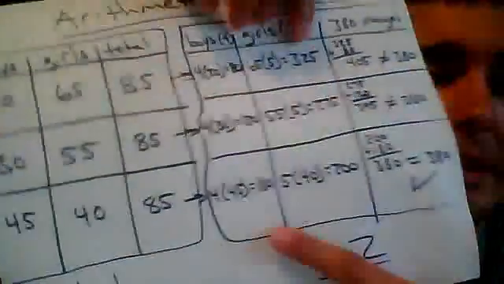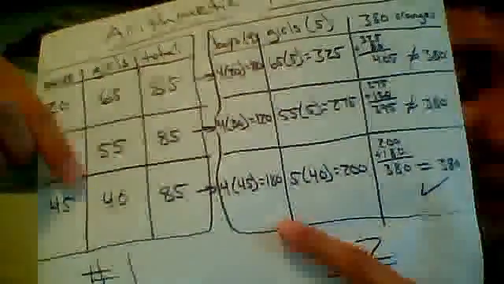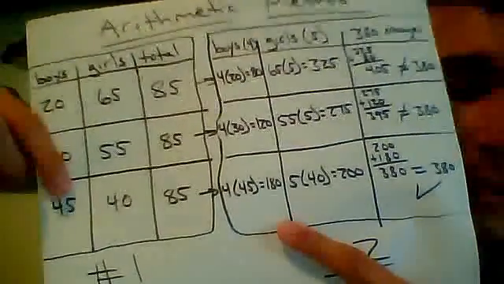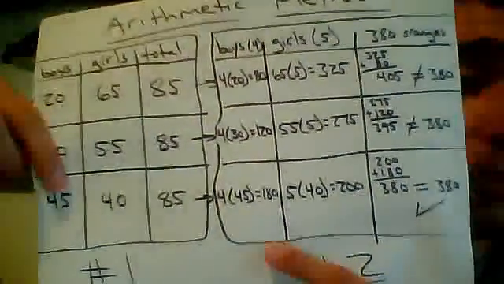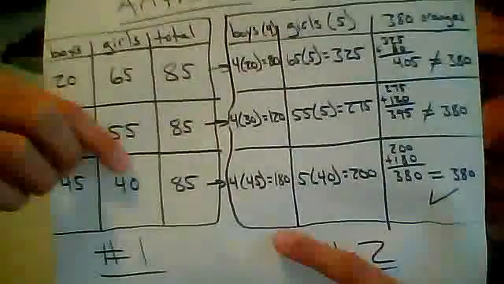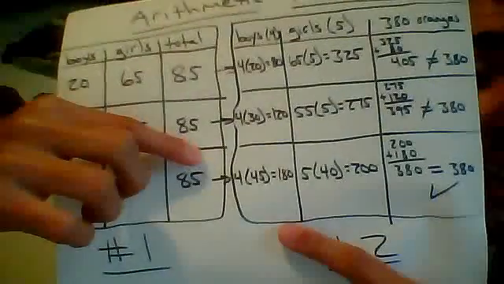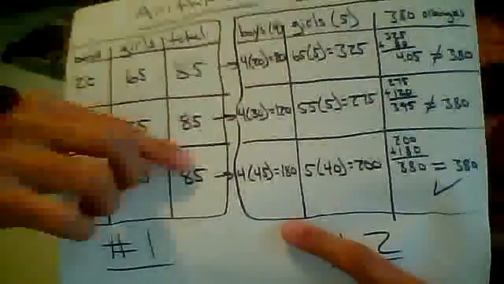Okay, now finally, for the sake of time, I'm going to say that Jimmy just took a wild shot in the dark and said that the total number of boys in the class is 45, which means that the total number of girls would be 40 to equal a total number of class students of 85.